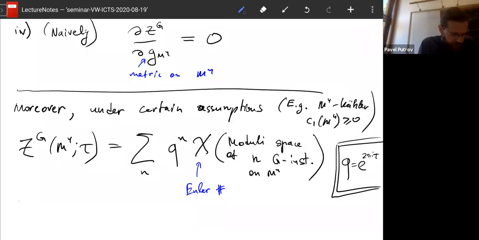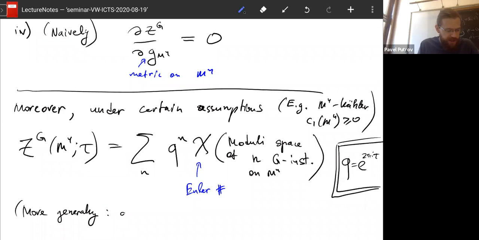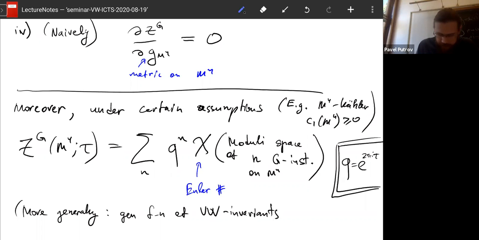Let me just briefly mention that, more generally, these kinds of vanishing theorems are not satisfied, and the generating function is what is called the Vafa-Witten invariants.